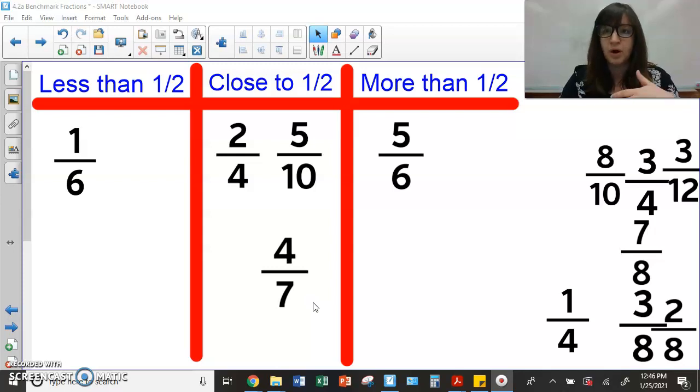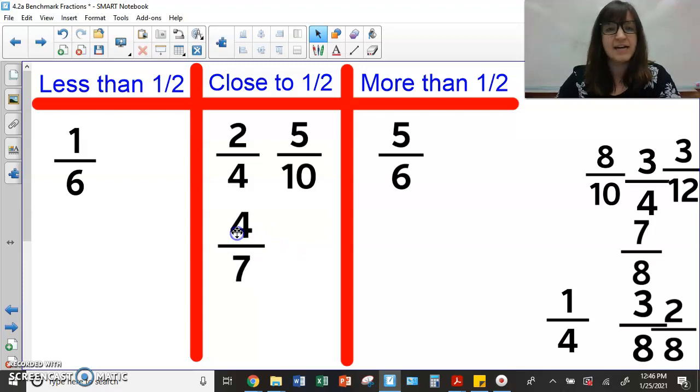Well, 3 and 4 are 1 away from each other. So 4/7 is slightly more than half, and 3/7 is slightly less than half. But because they're right on that edge, we're going to say that this is close to 1/2 because it's not saying it's equivalent to 1/2. It's not exactly, but it's close to 1/2, which is why I'm going to put that in this category right here.